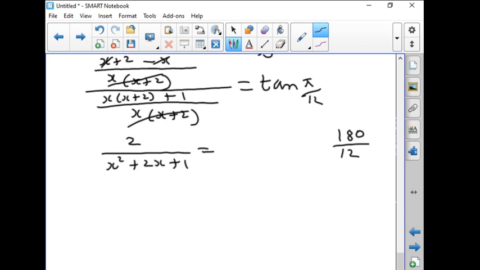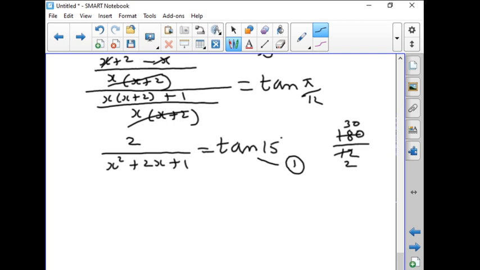So 180 by 12, 6 goes here 2 times and 6 goes here 30. Then 30 by 2 is 15. So we get tan 15 degree. Okay. So now keep this as 1 and we will find the value for tan 15.